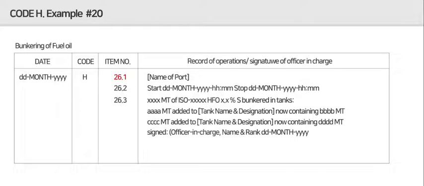Item 26.1, name of port. Item 26.2, supply time. Item 26.3, type and quantity of fuel oil and identity of tanks, and state quantity added in tons and total content of tanks, are recorded under code H.